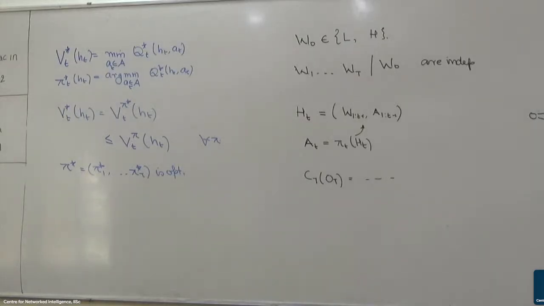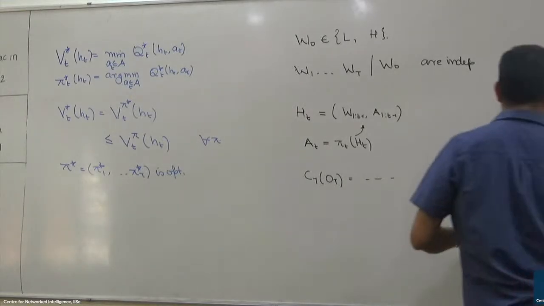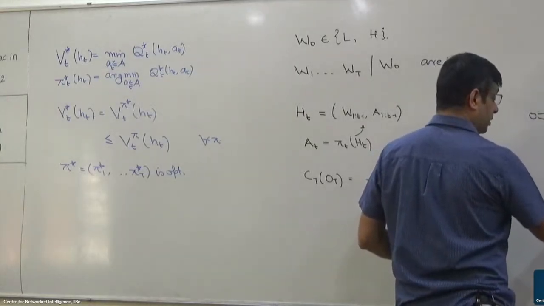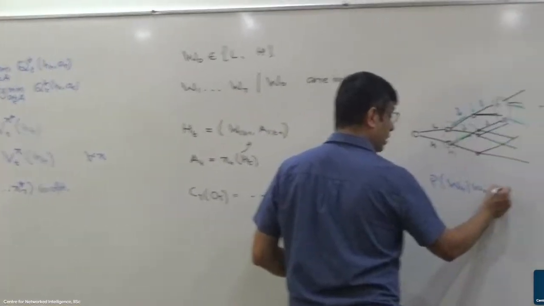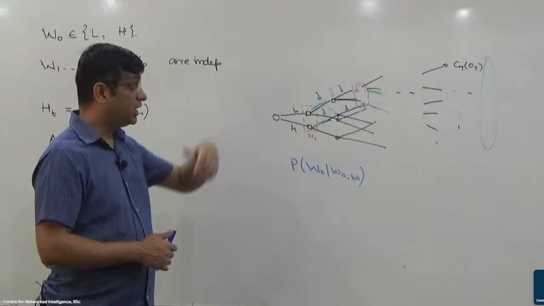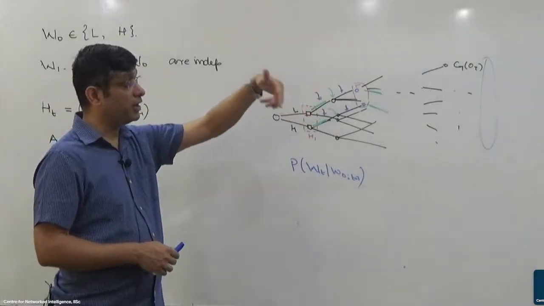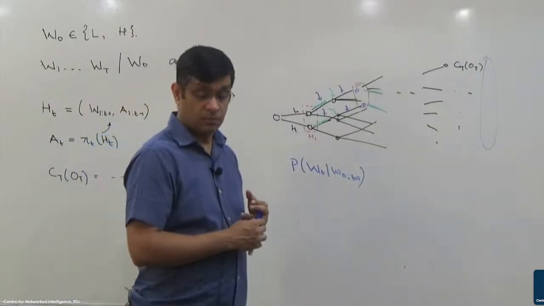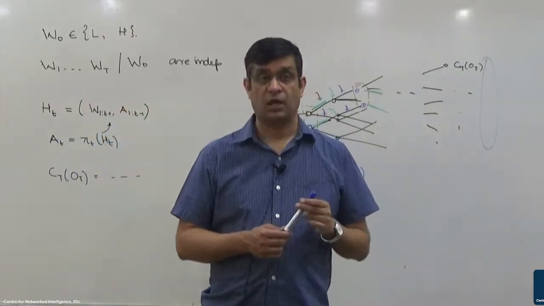In the case of full state observation, we really only need the probability of Wt given W0 to t minus 1. Anything else does not make an impact. But here I'll have to compute conditional probabilities and then do the averaging. Any questions?